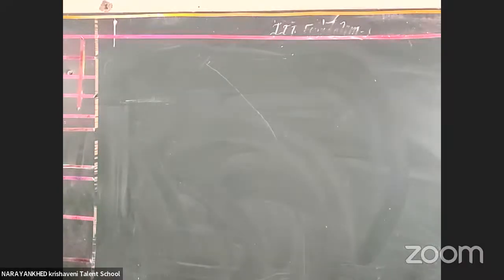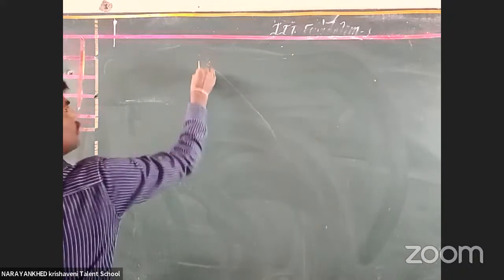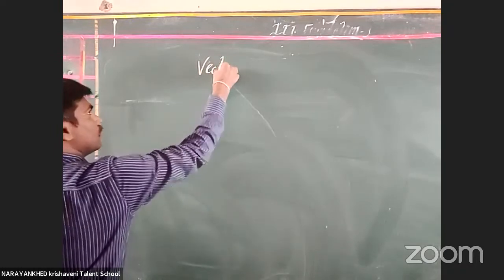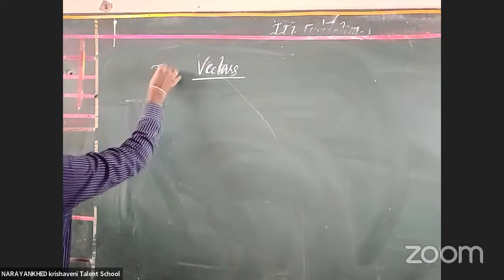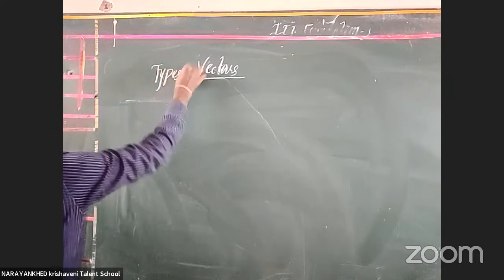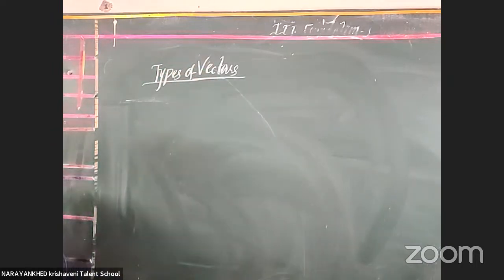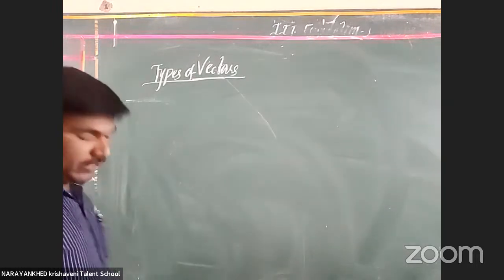We already discussed the first 4 vectors. Types of vector. Got it?